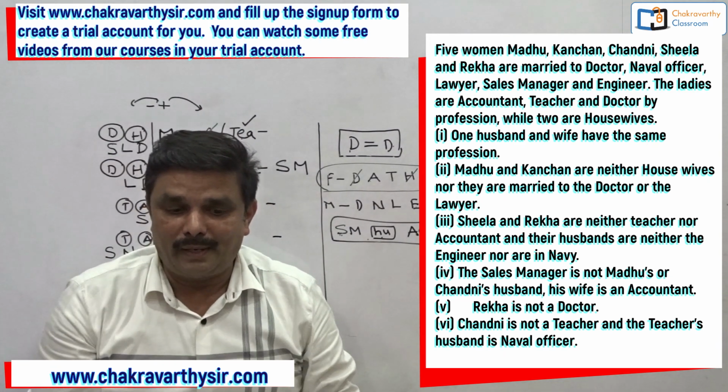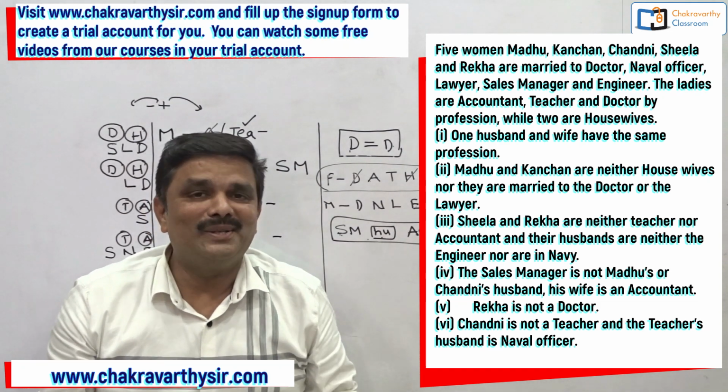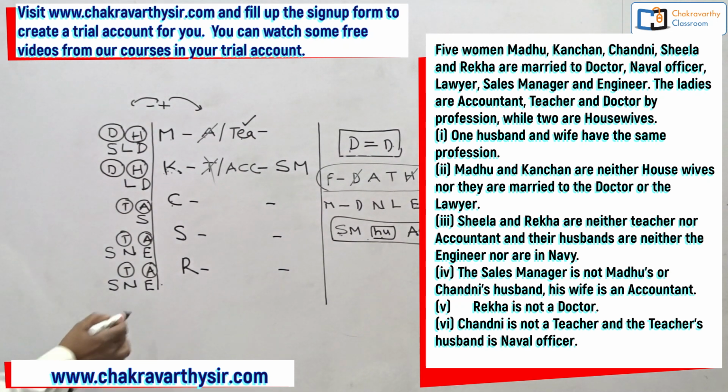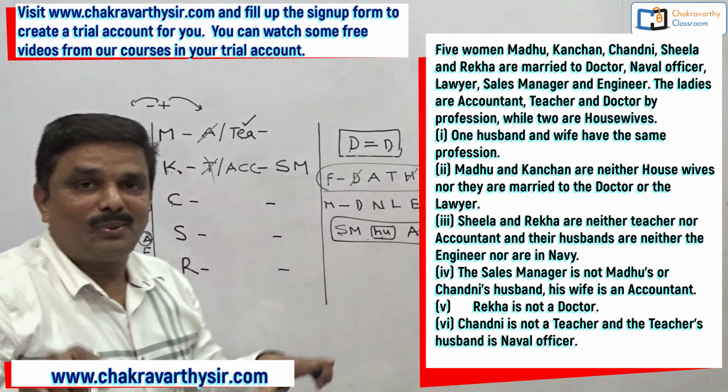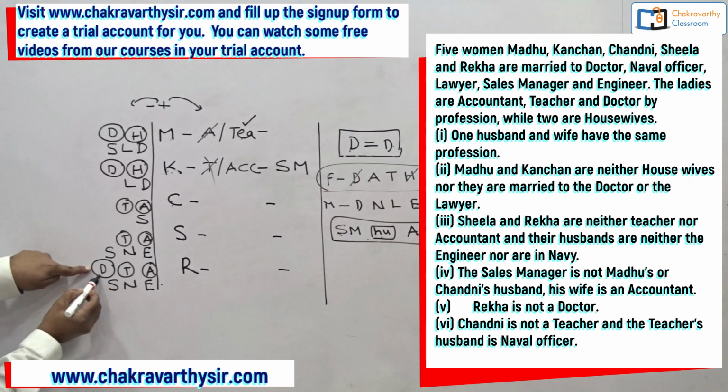Now go for the next one. What they have given: Rekha is not a doctor. Over this one, students, almost this is the end of this puzzle. Negative information: Rekha is not a doctor. But always you should be in the question, students. They are talking about the doctor here, negative side, right?